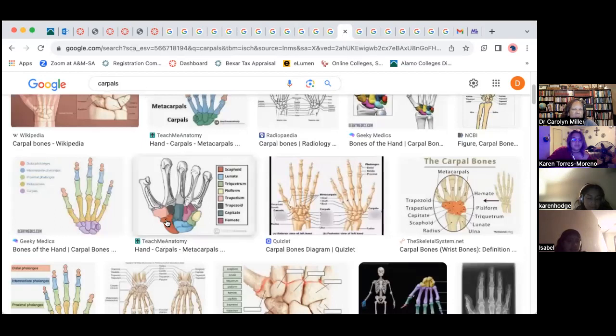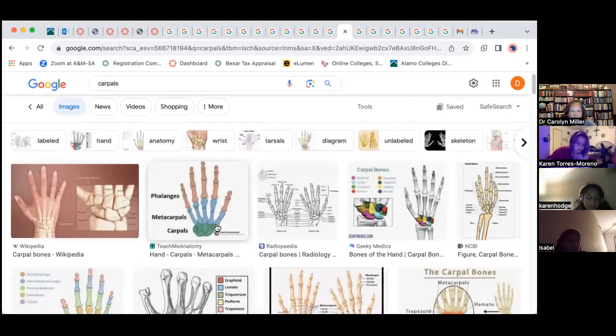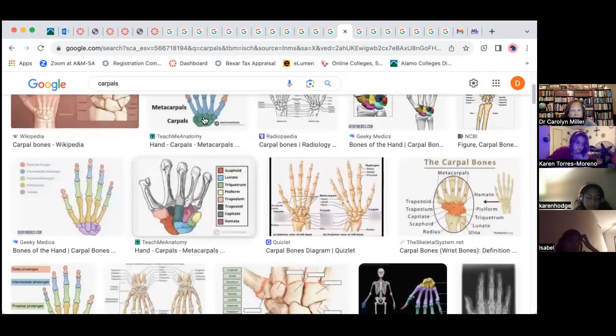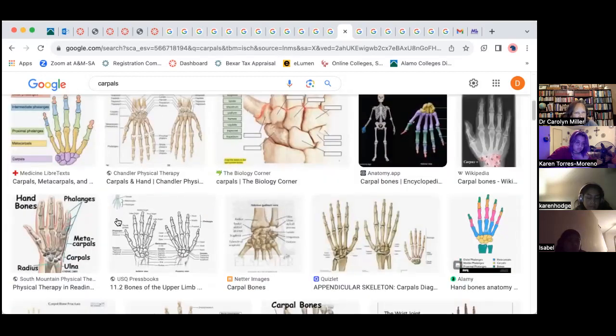I said, no, the two carpals in line with the thumb. This is perfect. I can say name the carpal, or I'm sorry, I would say name the bone in red, name the bone in pink. Trapezium on the distal row, scaphoid on the proximal row. This one is definitely showing you all 8 different colored. I like that better than all of them being the same color.